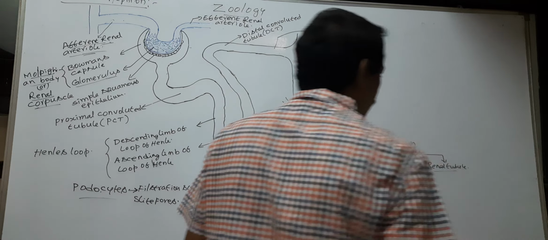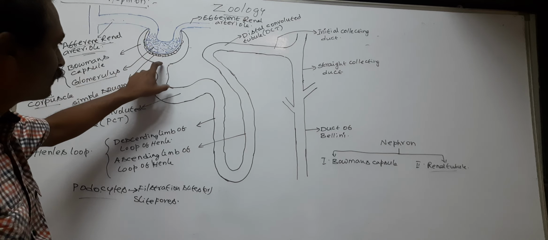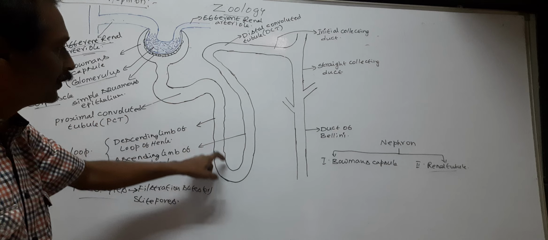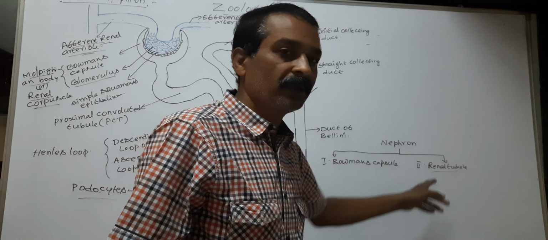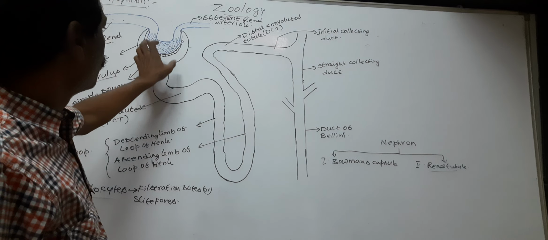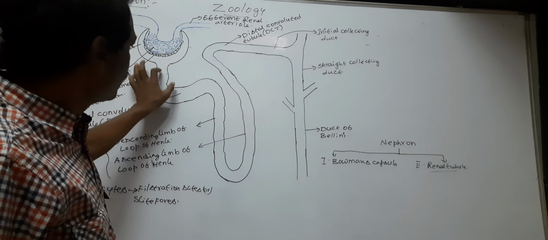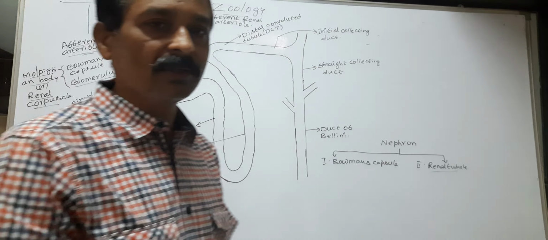Next, renal tubule. Behind the Bowman's capsule, a long tubule is present called renal tubule.